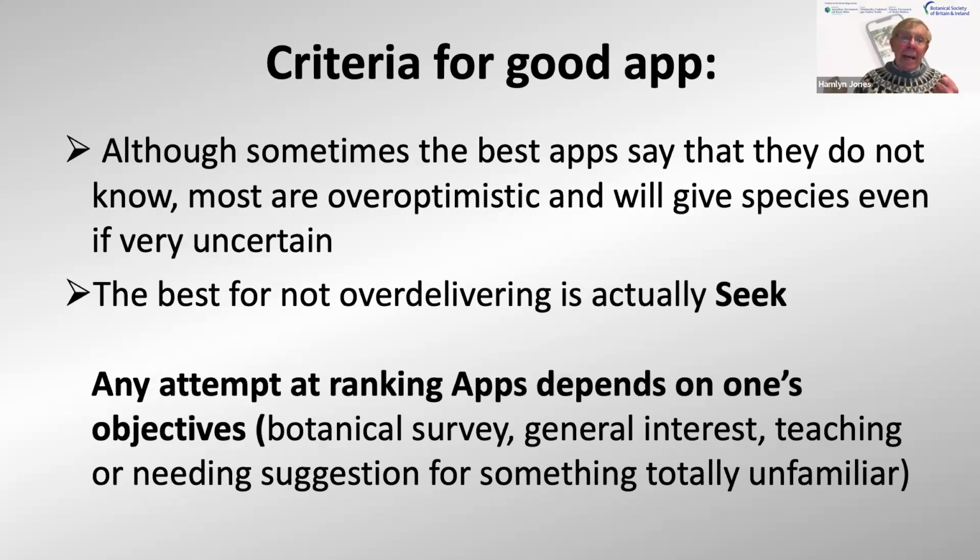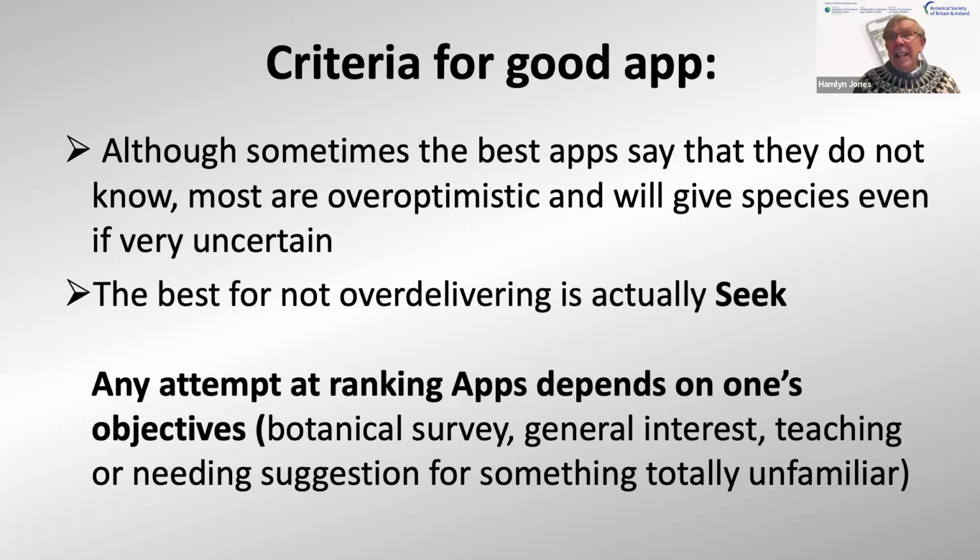Although sometimes the best apps say that they don't know, most apps are, unfortunately, rather over-optimistic and will give you a species even if very uncertain. And actually, although it often doesn't give you the correct answer, the best for not over-delivering is actually Seek. It may not be able to tell you in many cases, but when it does, it's frequently right.